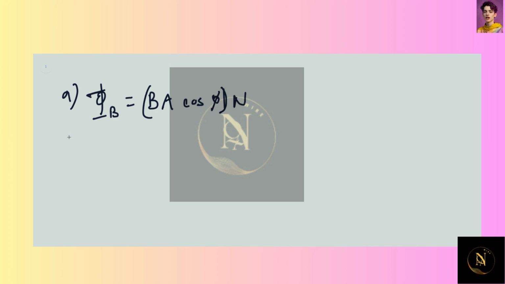So total magnetic flux before, phi sub B comma i, denoting initial, is equal to n B A cosine phi. In this case phi is 0 because the coil's plane is perpendicular to the Earth's magnetic field.